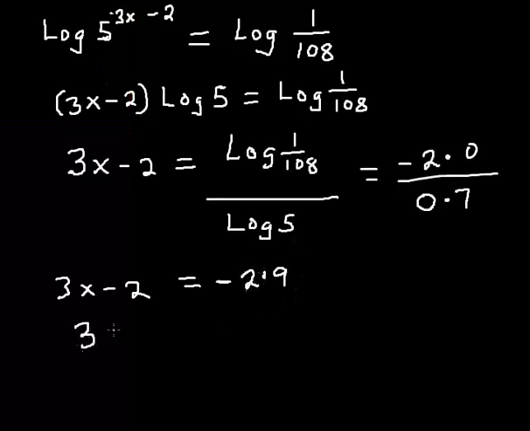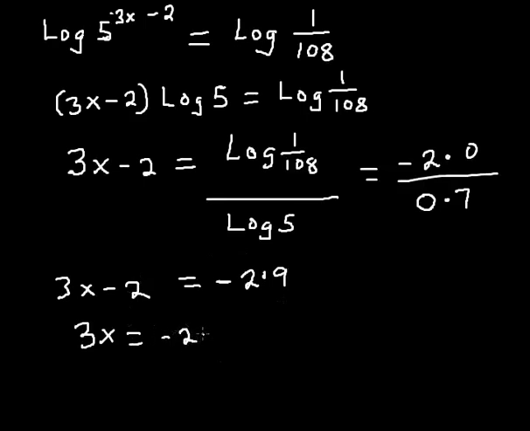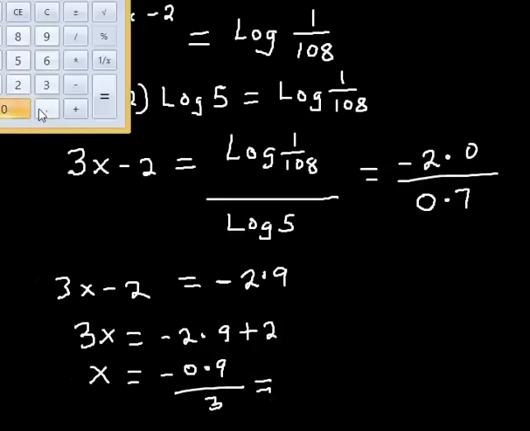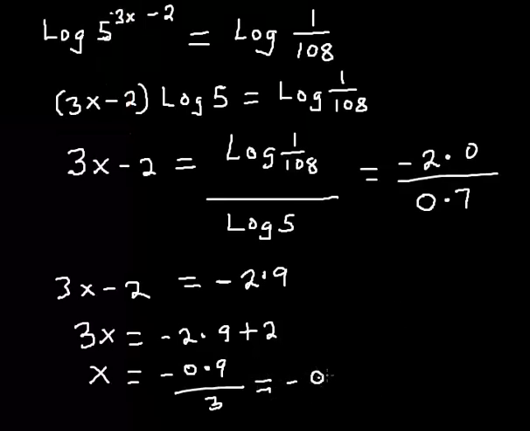So to get x now, I'm going to have -2.9 plus 2, which gives me -0.9. So my 3x is equal to -0.9, and x is -0.9 divided by 3. Of course, you know what that will give: 0.3. So my answer now is -0.3.